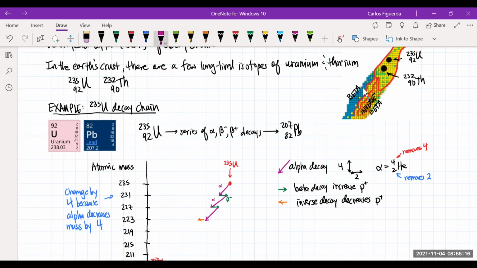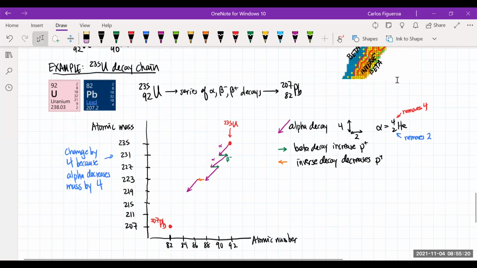And then all of a sudden it goes beta decay. But what you're seeing here is that I'm working my way down. And maybe now I hit another beta decay and then it does alpha all the way to here.